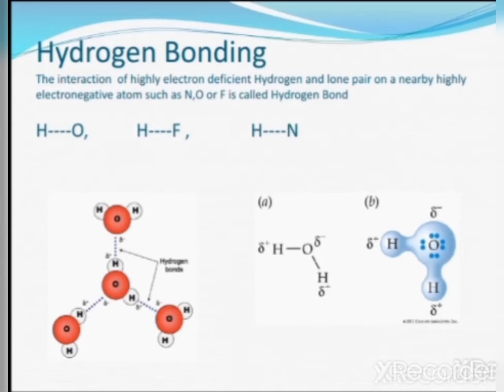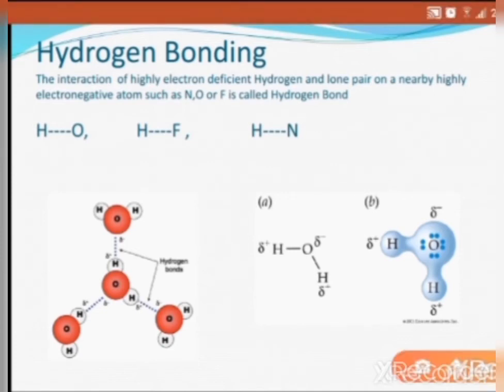Now, molecules in which hydrogen is covalently bonded to a very electronegative atom such as oxygen, nitrogen and fluorine are also weakly bonded to a lone pair of electrons of another molecule. Here you can see an example of water molecules.